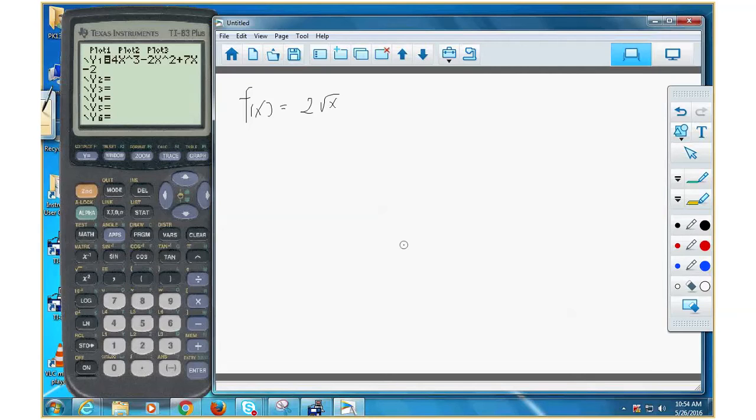Change it. Equals 2x to the 1/2 power. Now you have a what? You have an exponent that you can bring out front and subtract 1 from. So do it.